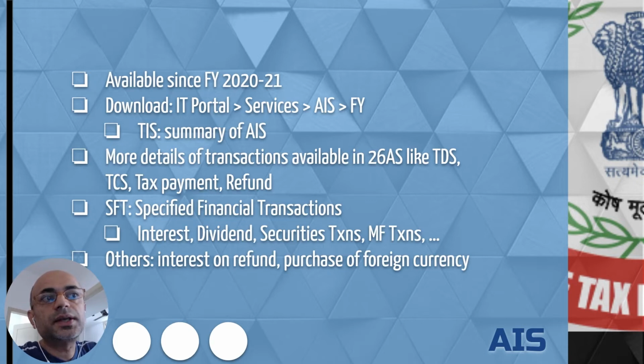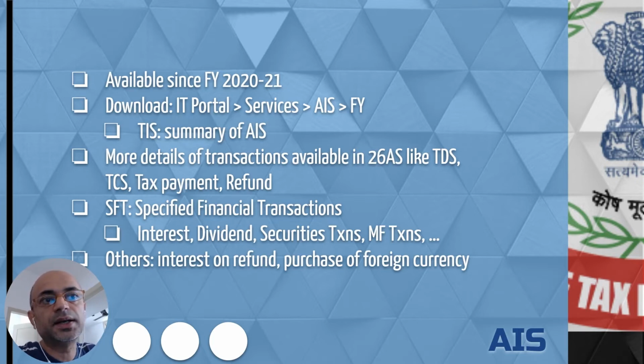You can also download the TIS, which is the tax summary of the AIS. And it has more details of the items which are available in 26AS, like TDS, TCS, tax payment and refund.